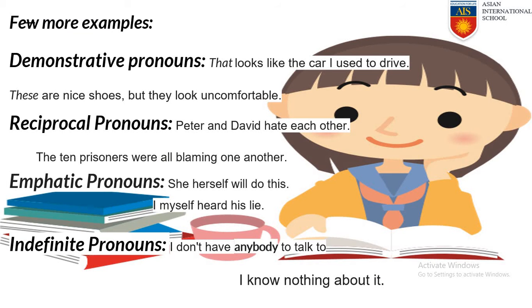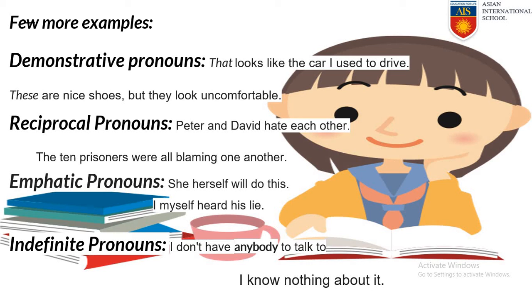Here are a few examples of the four types of pronouns. First, there are demonstrative pronouns. That looks like the car I used to drive. So here a person is pointing towards a car and saying that that car looks like the car which I used to drive. Here the word that has replaced a noun.